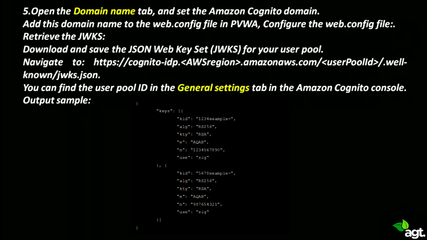The fifth step is to open the domain name tab and set the Amazon Cognito domain. This domain name is to be set in the web.config file in PVWA, as described in configure the web.config file.